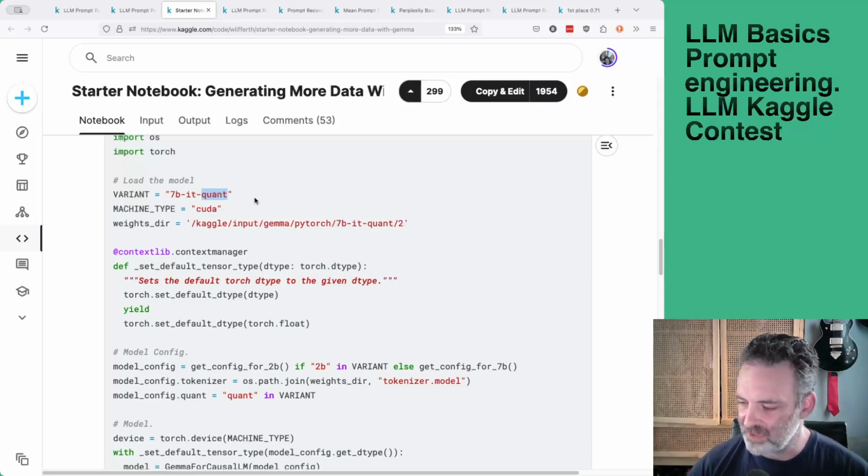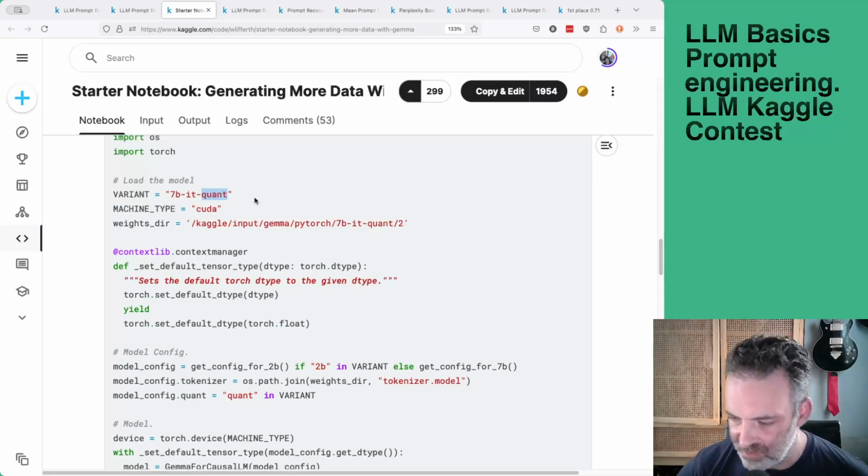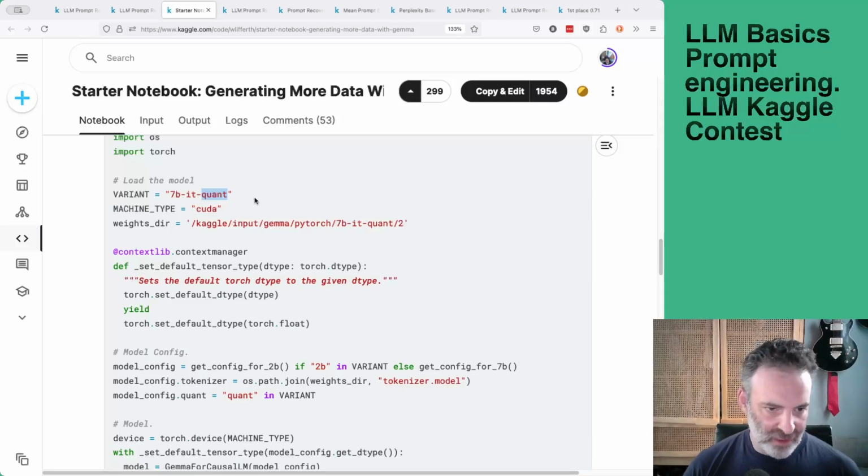There's a bunch of papers you can take a deep dive into on what quantization does, but the takeaway here is that you get a much smaller model that's way easier to work with, way easier to train and to infer with, and the reduction in accuracy on a number of benchmarks is only a tiny amount. So for most use cases in your own work, you're mostly going to want to use the quantized model.